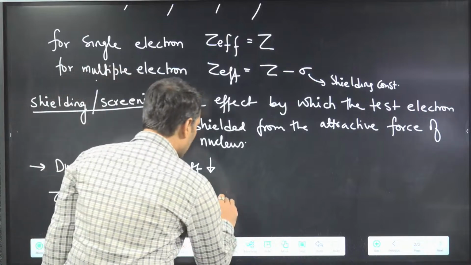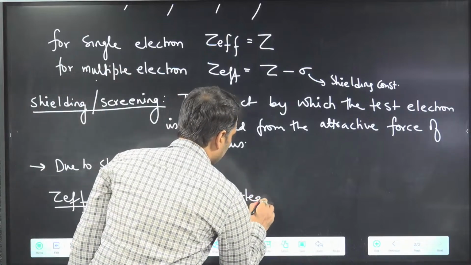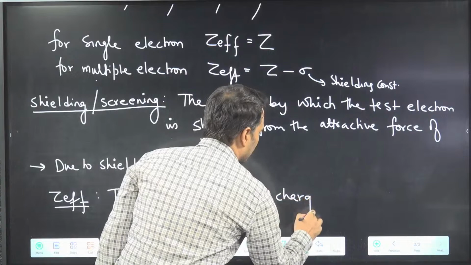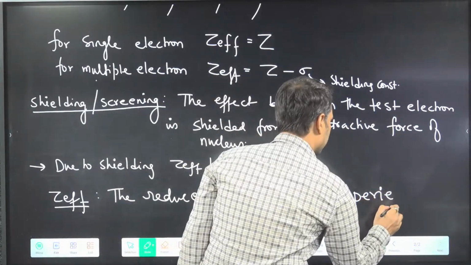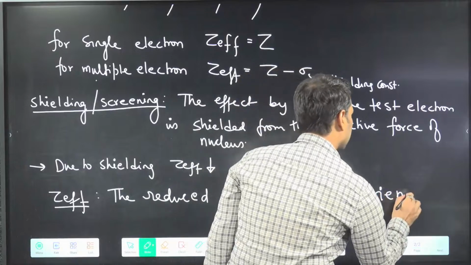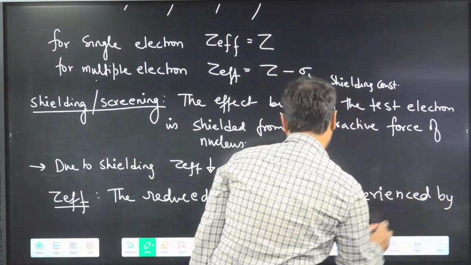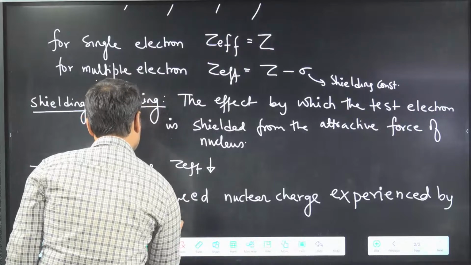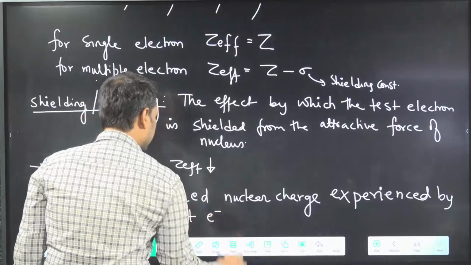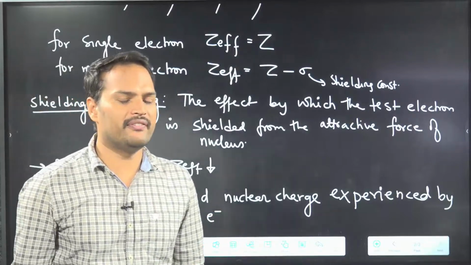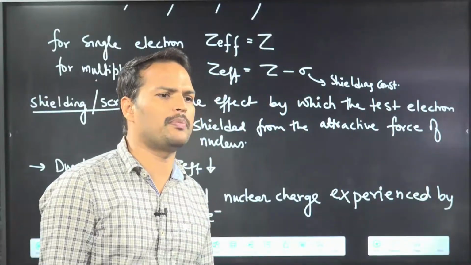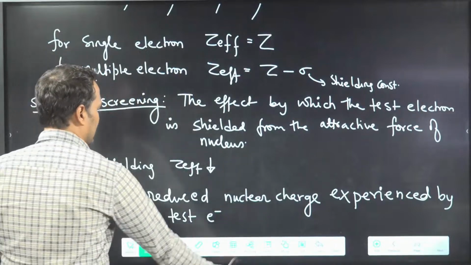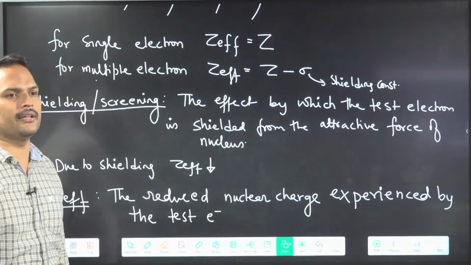The reduced nuclear charge experienced by the test electron. Okay, what is Z effective? Z effective is the reduced nuclear charge which is experienced by the test electron. Clear with this point? Till this point everything is clear.